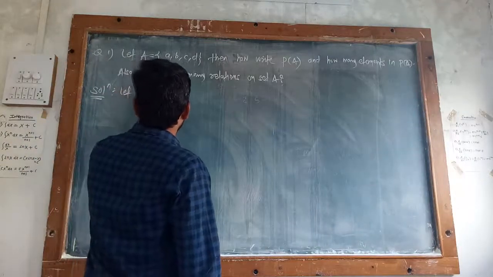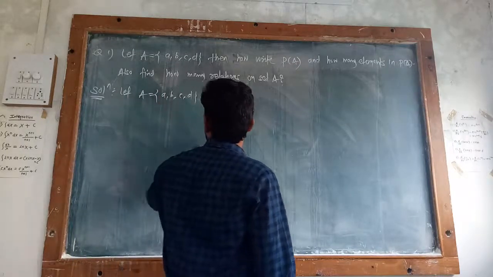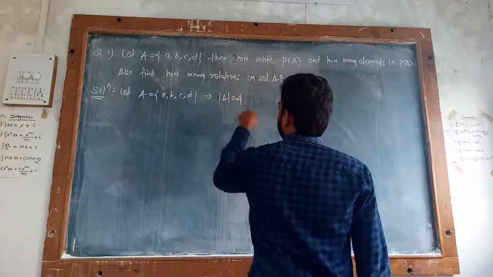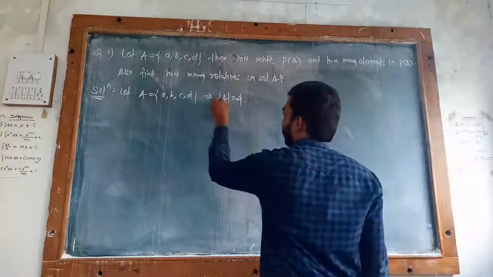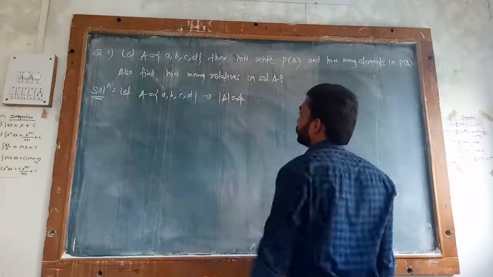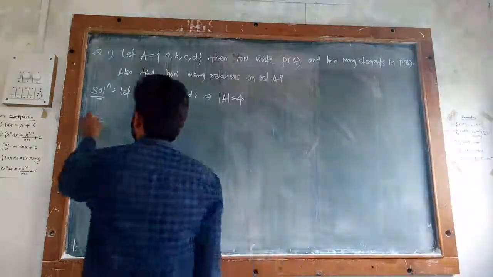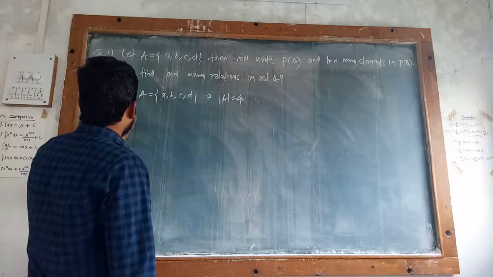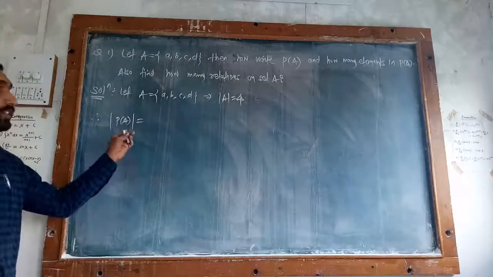Let capital A equal {a, b, c, d}. Then cardinality of A equals, what is cardinality? The number of elements in that set A. So how many elements are in set A? That is 4 elements, right? So cardinality of A equals 4. Therefore, what is the cardinality of the power set of A?